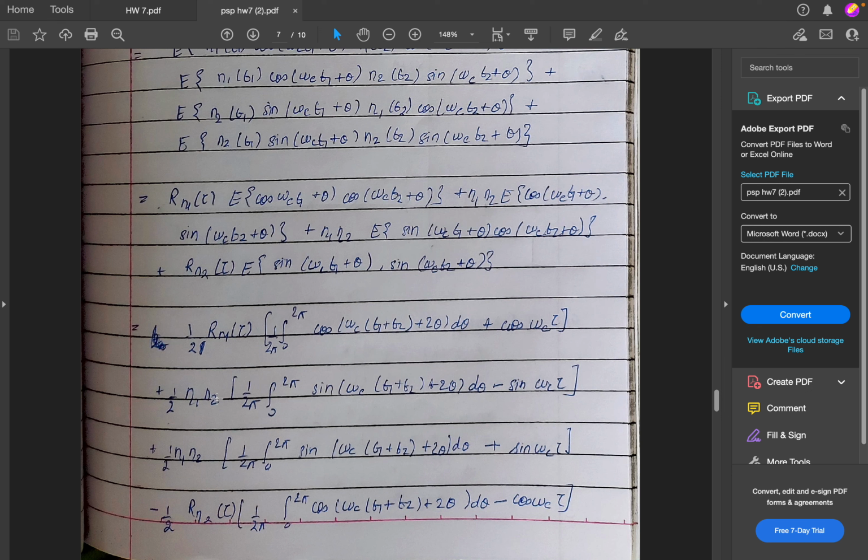Similarly, for all the terms we have converted to integrals and converted the multiplication form into the addition form.